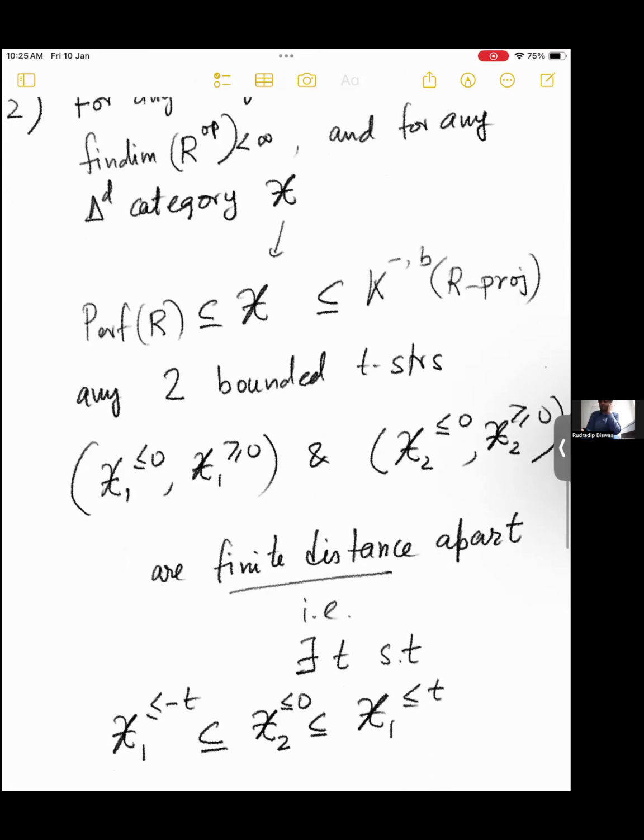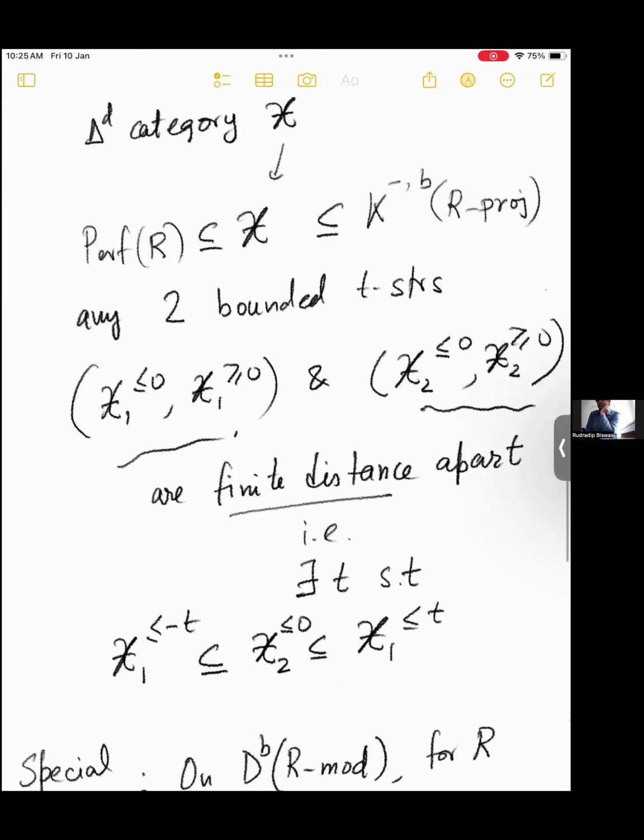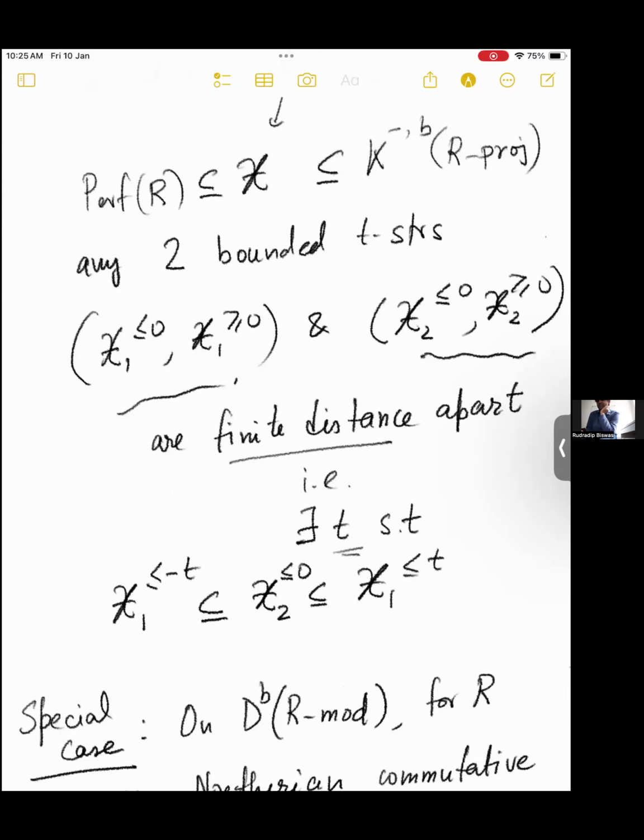So what it means is if you take two bounded T structures like this, you should be able to find an integer T such that you can sandwich the aisle of the second one within shifts of the aisle of the first one.